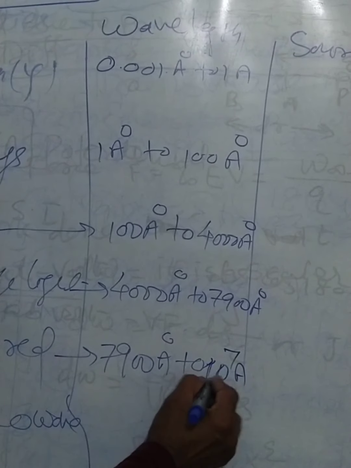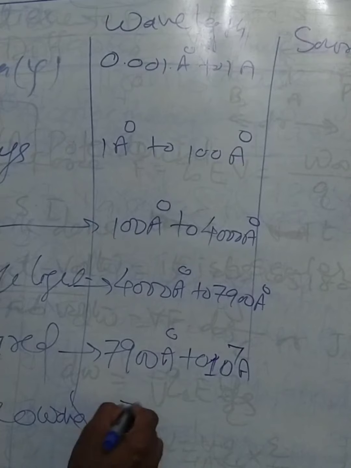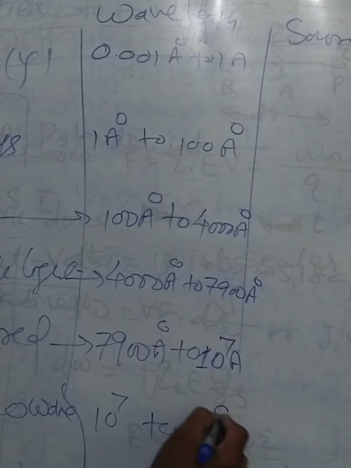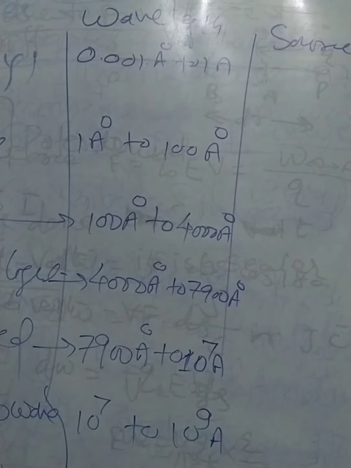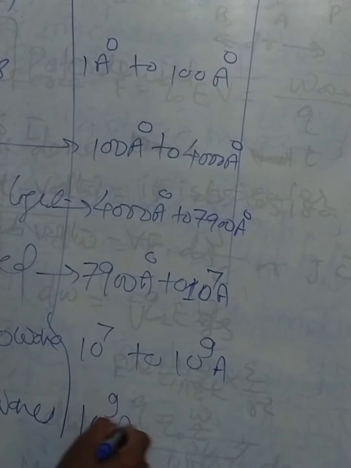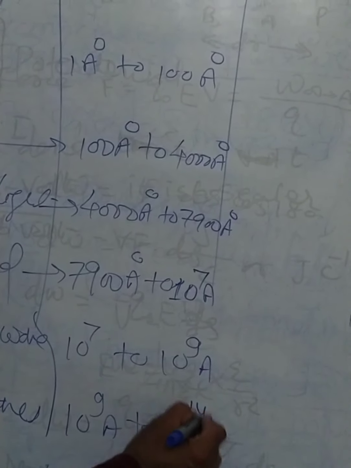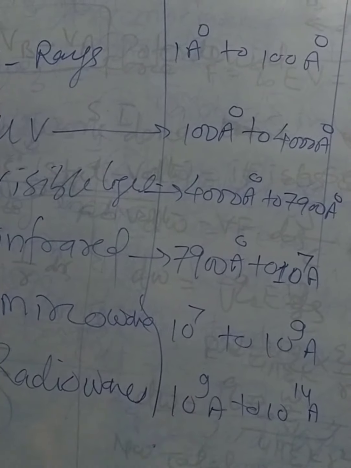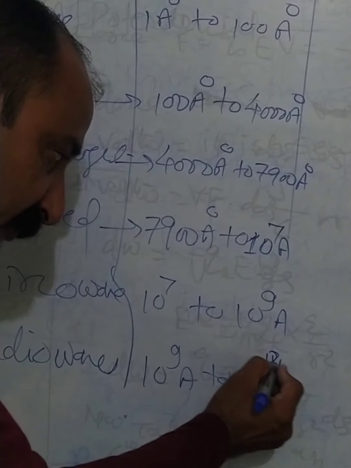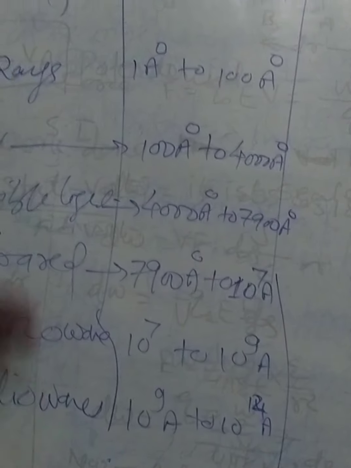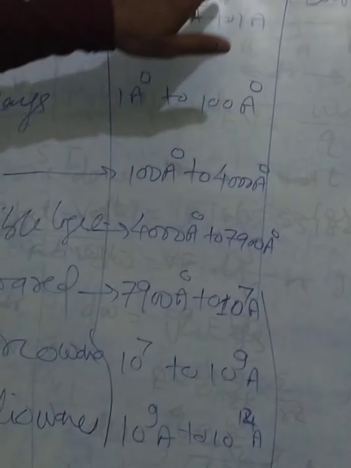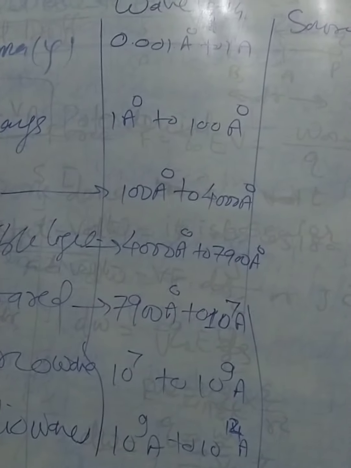Then 10 to the power 7 to 10 to the power 9 angstrom, and the last one 10 to the power 9 angstrom to 10 to the power 14 angstrom. In some books it is 14, and in some it is written 12, so whichever it is, you can write. Learn this wavelength also, because sometimes they ask the wavelength.